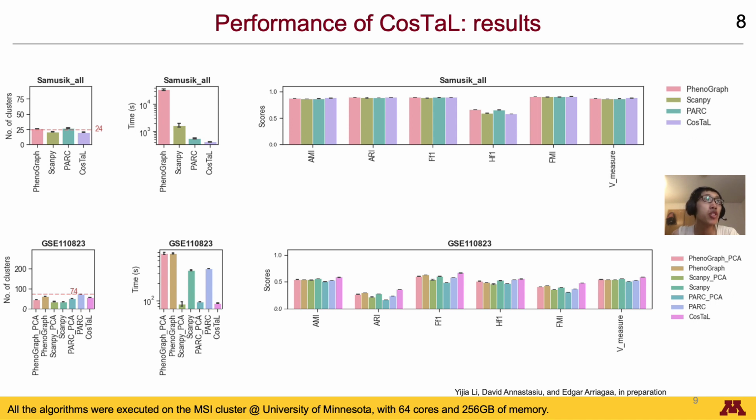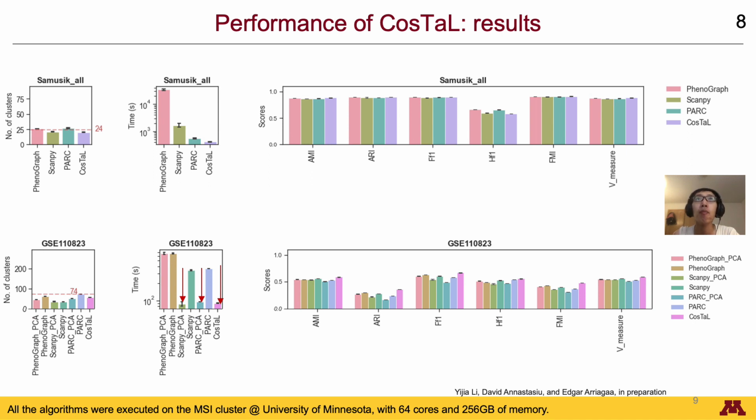For the number of clusters identified by all those algorithms, we can see that CosTaL is generating very similar results to the others. But for the computing speed, CosTaL is outperforming the others. In fact, on the single-cell RNA-seq datasets, CosTaL is able to achieve fast computing speed using the 2000 highly variable genes as the features, while similar speed can only be achieved by Scanpy and PRC using the PCA transformed data, which is only 50 dimensions as the features.